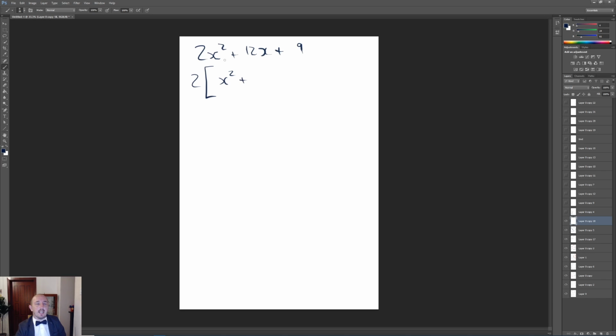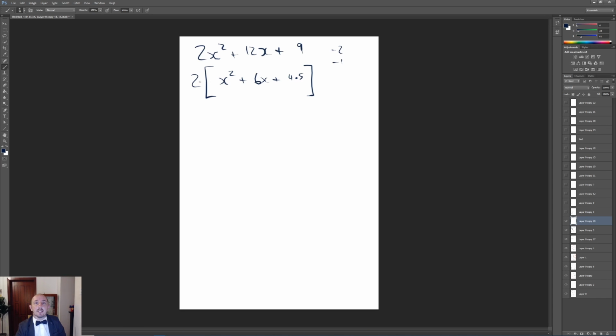Whatever's in front of the x squared, I take that out as a factor. That's including if it's minus, I take that out as a factor, or if it's just minus 1, as in minus x squared, then I take the minus out as a factor as well. So I'm taking the 2 out as a factor, and I'm getting 6x plus 9 divided by 2, that's 4.5.